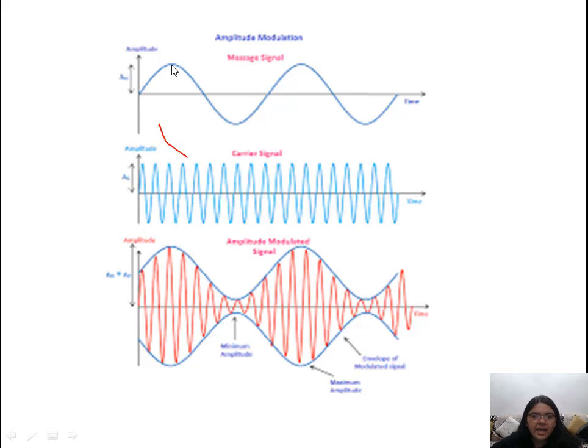Again over here is the maximum amplitude of the message signal, so the maximum amplitude of the carrier signal is changing. According to the message signal, the carrier signal amplitude is changing, while the carrier signal frequency remains constant. Here you can see the plus Vc and minus Vc amplitude.